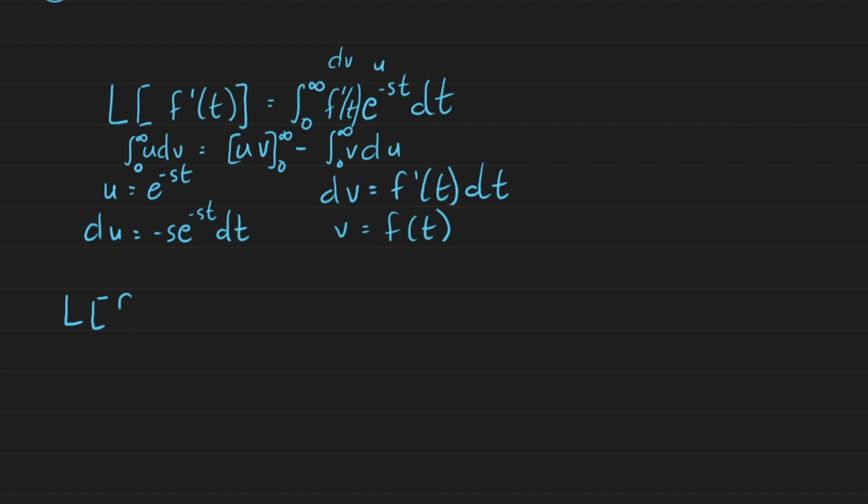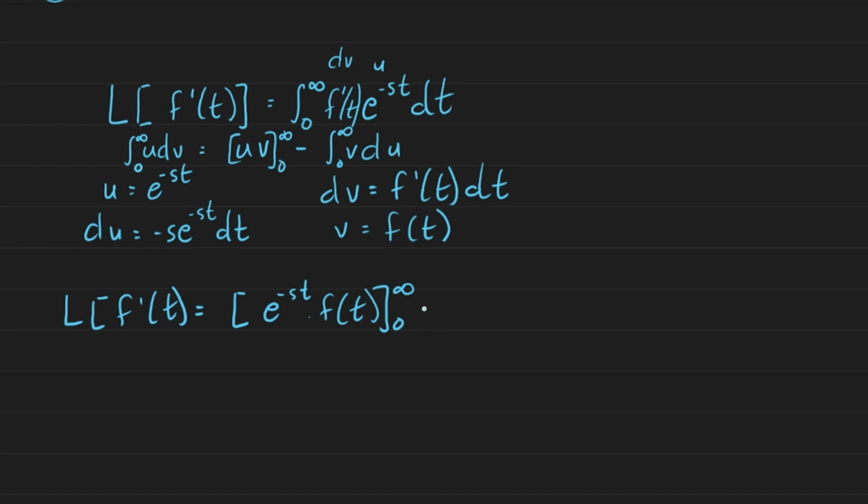We now put all of this into our Laplace transform. The Laplace transform of f prime t is now equal to, firstly, uv. So we have e to the minus st times f of t, and this is integrated from 0 to infinity.